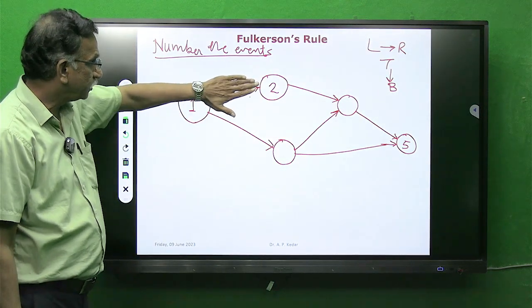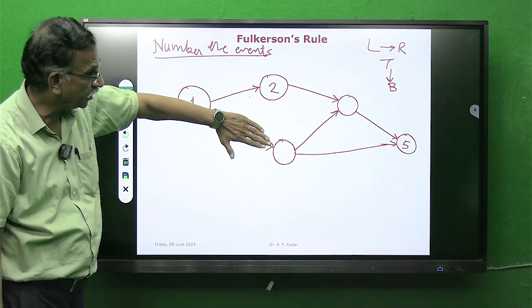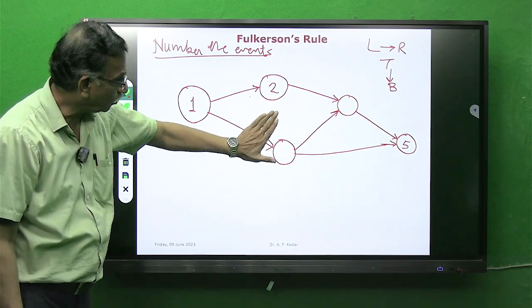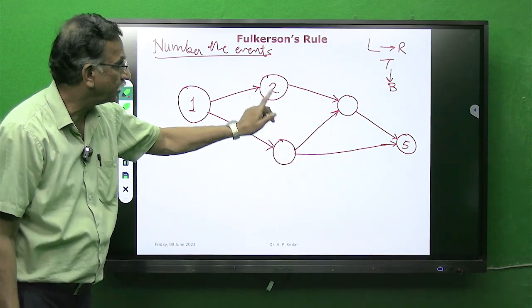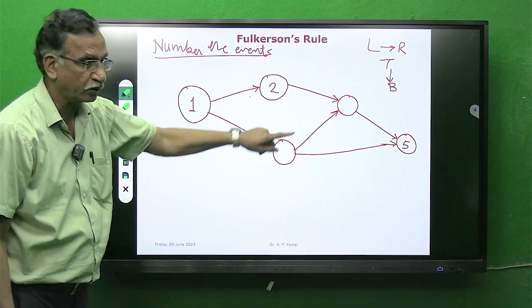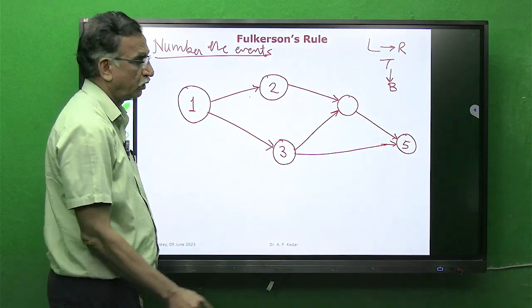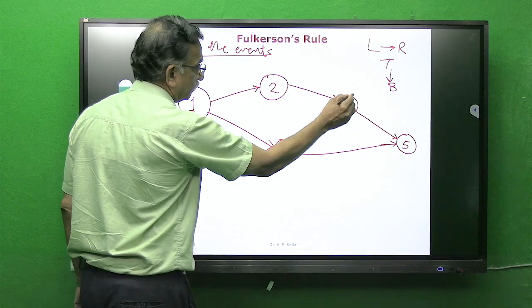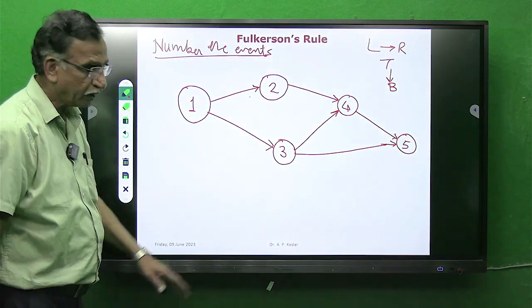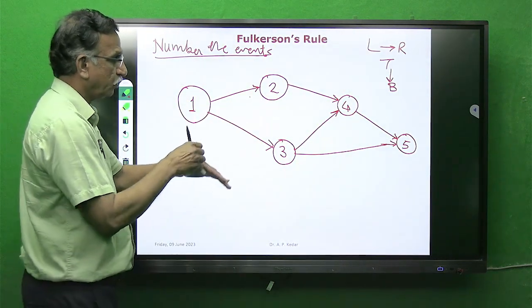Then this is over. Same thing over here. This is having no incoming, only outgoing. Left to right, top to bottom, 2, 3. Remaining 4. Again for 4, what you have to do?